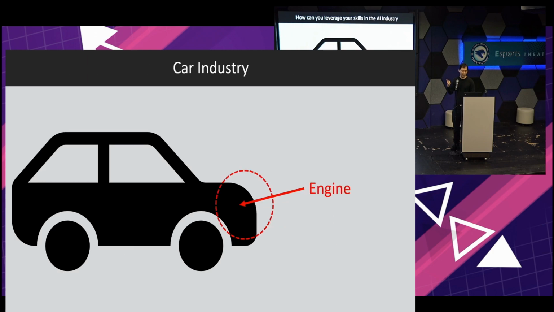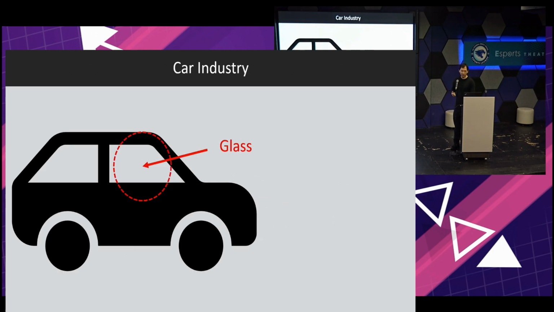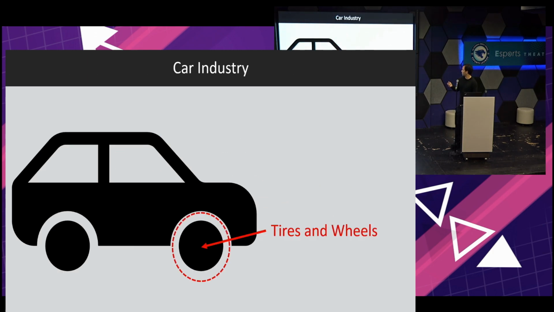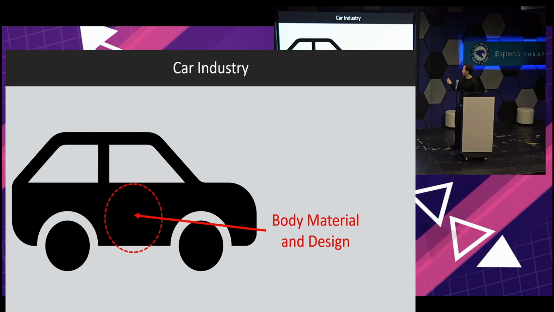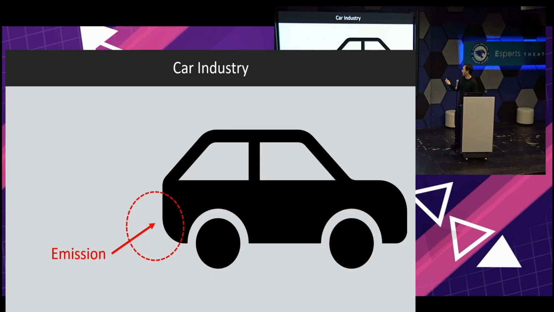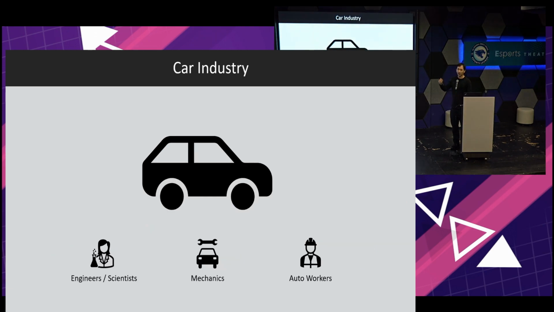When you see a car, you have the engine, glass, tires and wheels, body material, design, and emission. There are so many different components to understand to manufacture and maintain a car, right? In the auto industry, you have engineers and scientists who try to improve the efficiency of the car, mechanics who fix the car when there's a problem, and auto workers who actually build it, right?